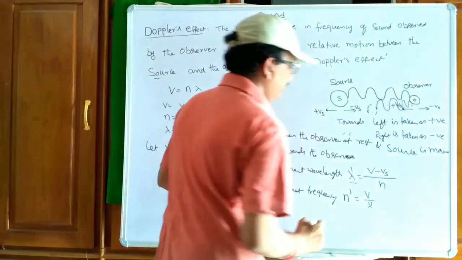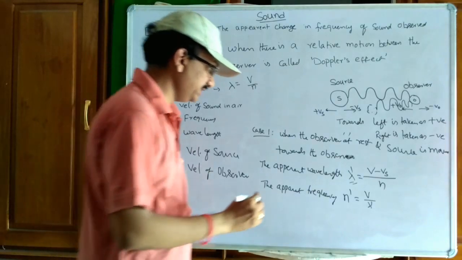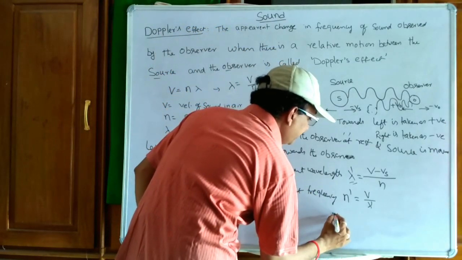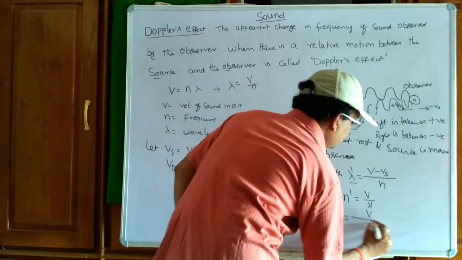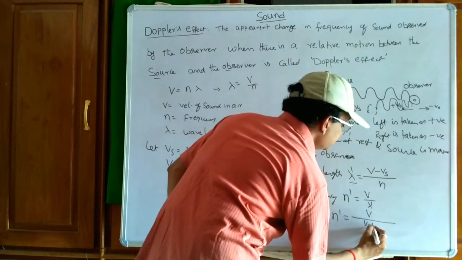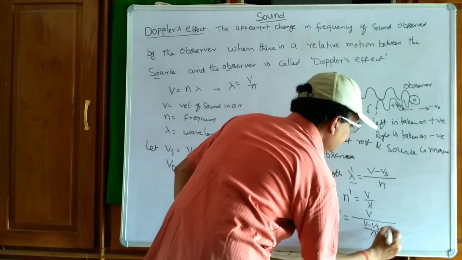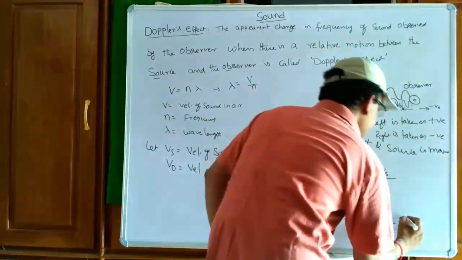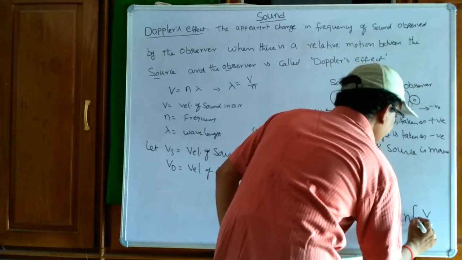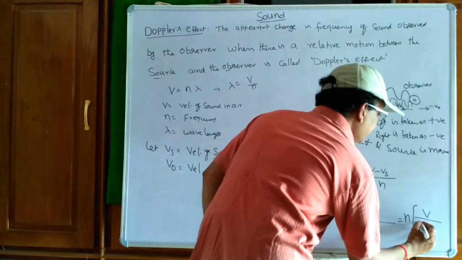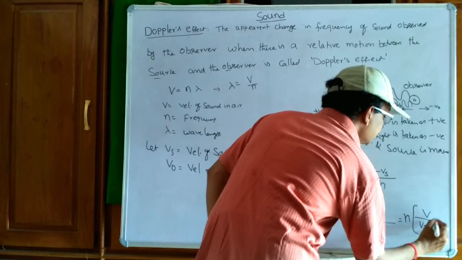We know very well the lambda dash value is, then the apparent frequency N dash is equal to V whole divided by V minus Vs by N, that is equal to N into V, the velocity of sound in air, by V minus Vs.